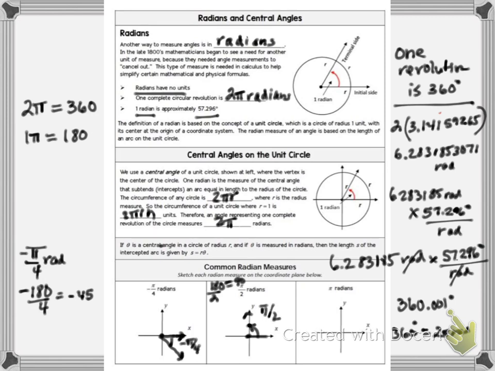And then it says pi radians. I know pi is 180 degrees, so I just need to sketch the graph of 180 degrees. If I start at the initial side and go this way, this is the graph of 180 degrees here.